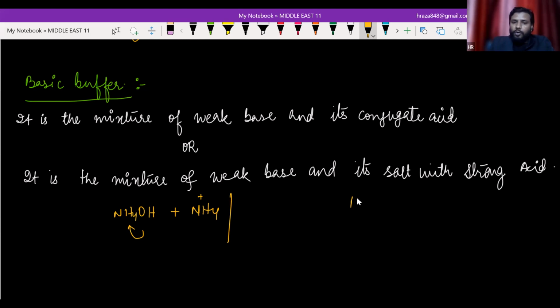So this is a weak base and I take a strong acid, HCl. So NH4Cl plus H2O is formed. So here it will be NH4Cl. Is this clear? Yes, sir.